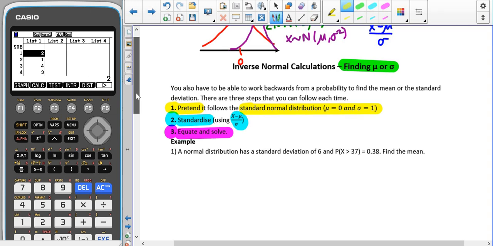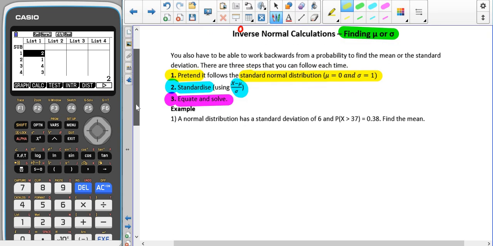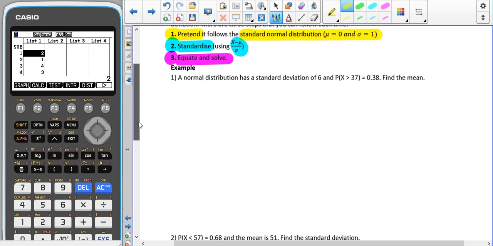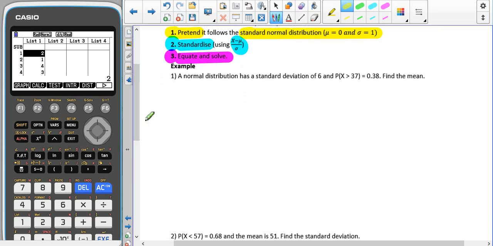So in our example, we have a normal distribution that has a standard deviation of 6. So we can write down this distribution. We have X follows the normal distribution. We don't know what the mean is, so I'm just going to leave that as mu. And we have a standard deviation of 6, so we'll have 6 squared here.